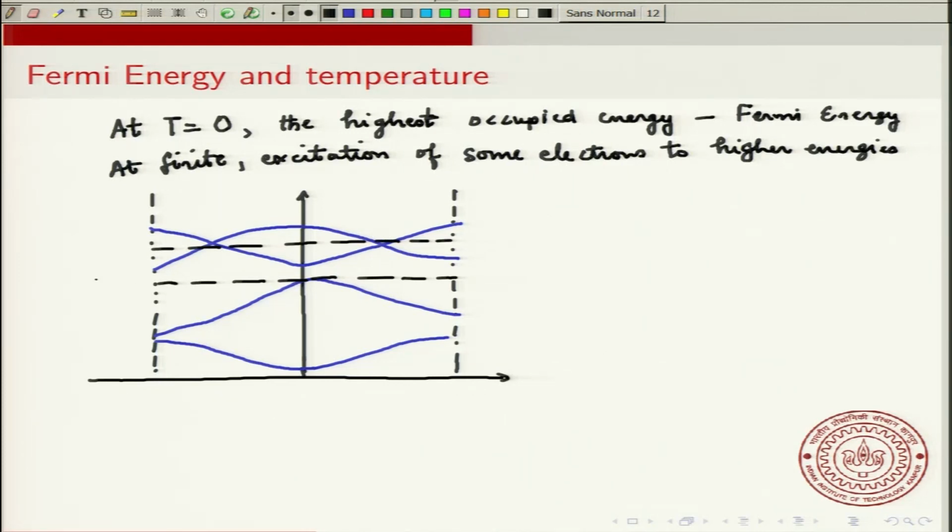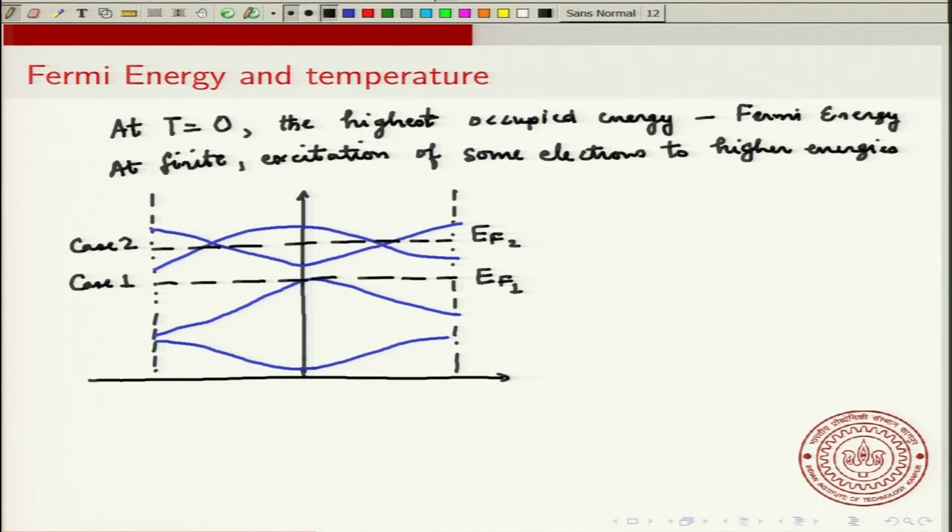So this is case 1, case 2. EF in case 2, EF in case 1.